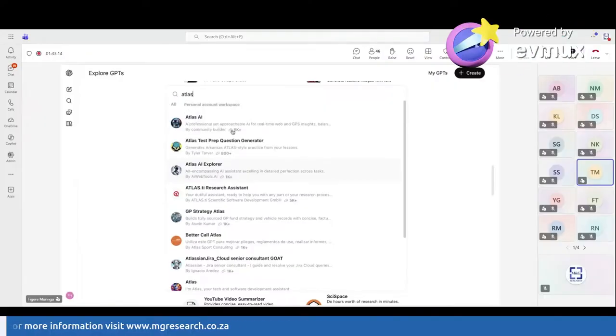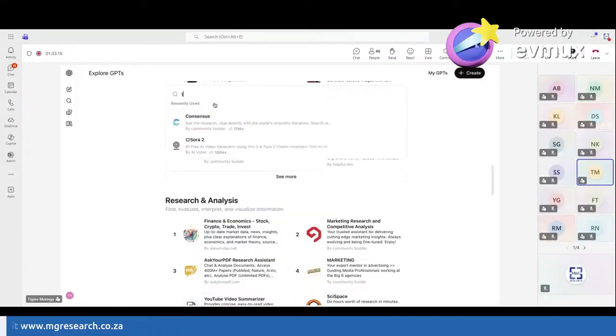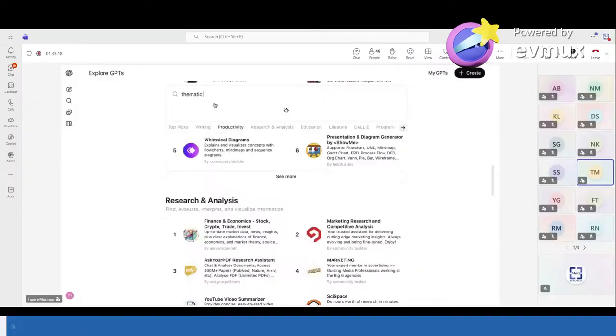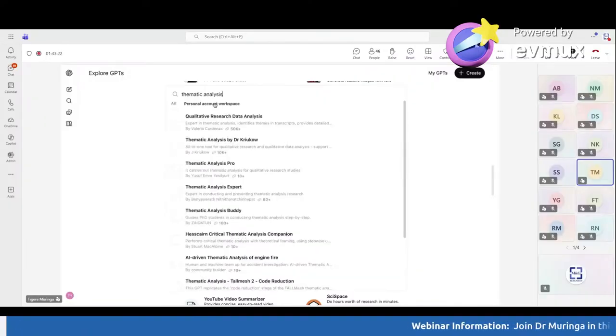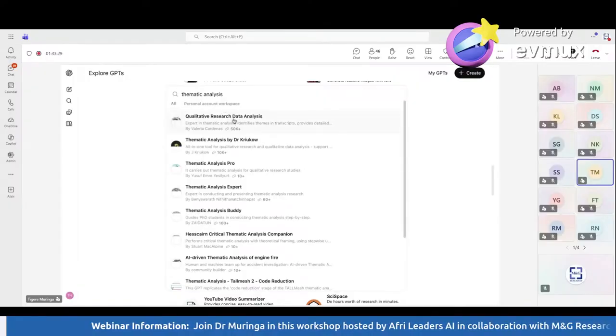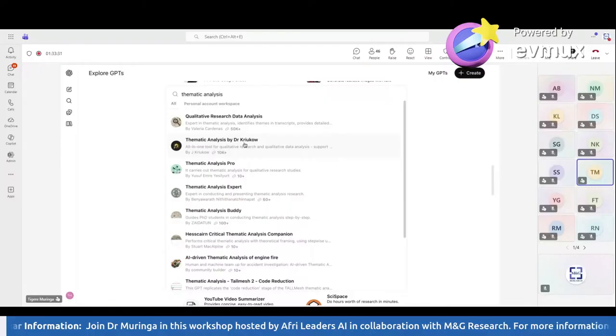Let's see again, thematic analysis, the tools that we have available to do thematic analysis. We have qualitative research data analysis, thematic analysis by Dr. Crivo, thematic analysis pro, thematic analysis expert.